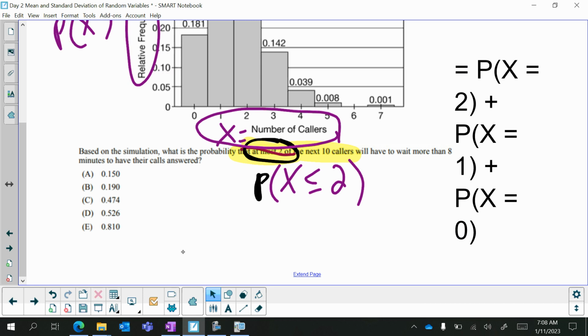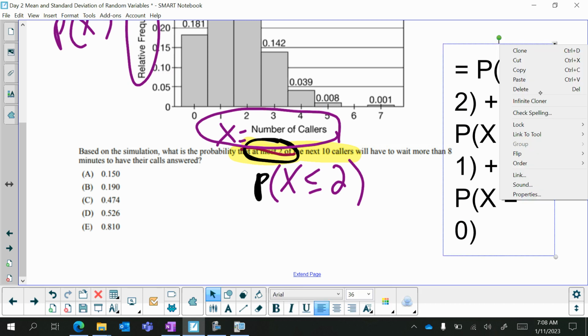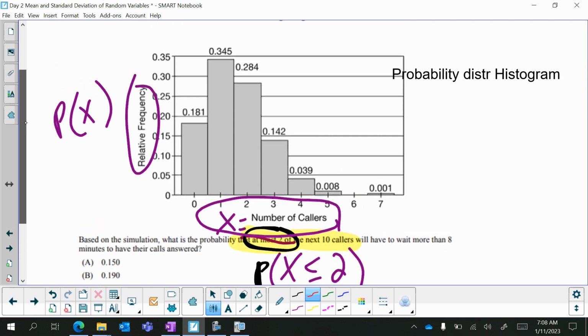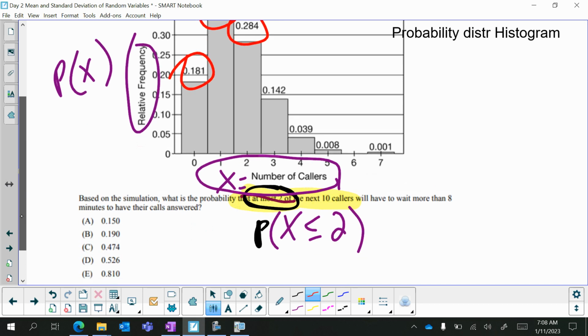Anyway, the P means the probability, and we want 2 or less, okay? So we want 2 or 1 or 0. So we're going to add up the 2 or the 1 or the 0. Boom, boom, boom. Add them up. Again, notation.